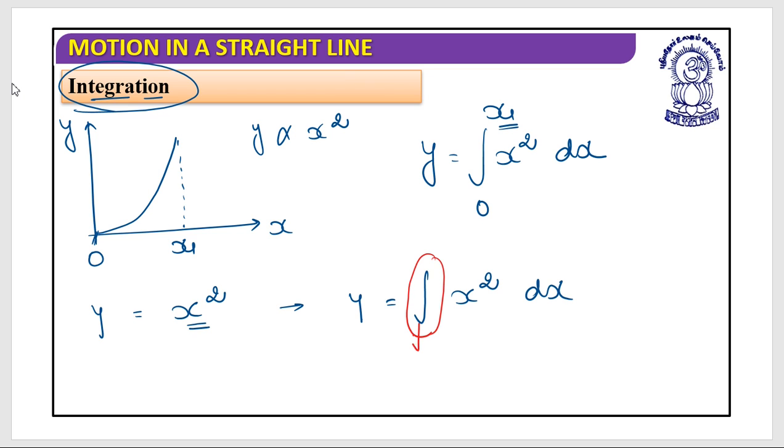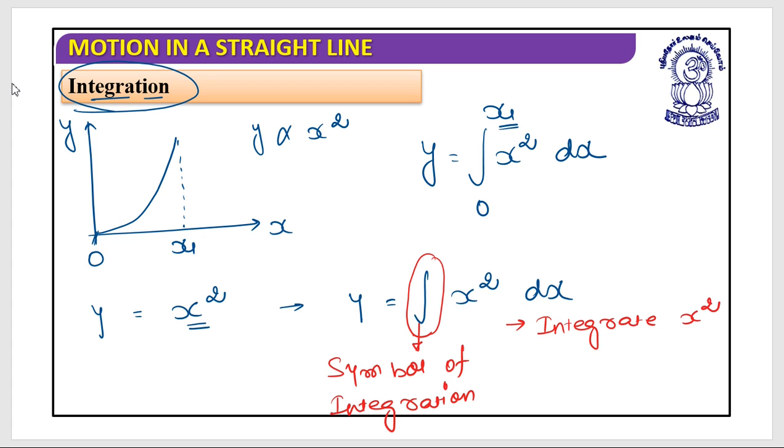This is the symbol of integration, and it says integrate x square with respect to x. It's the integration of x square dx.